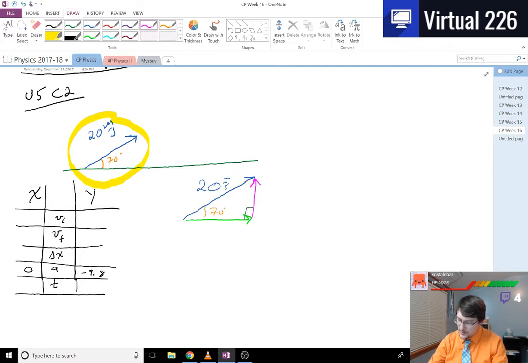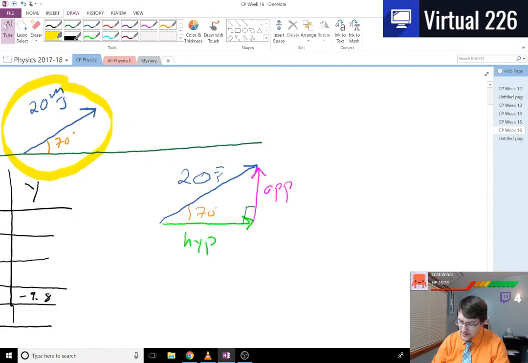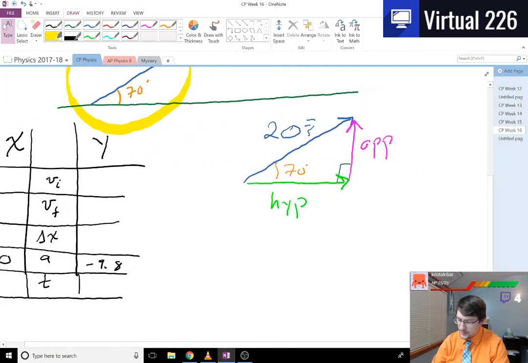We can set up that this side is the opposite, this side is the hypotenuse, and we can play a little bit of SohCahToa here in order to solve this. What did I do? I'm sorry, that's not the hypotenuse. This is the hypotenuse. And this is the adjacent side.